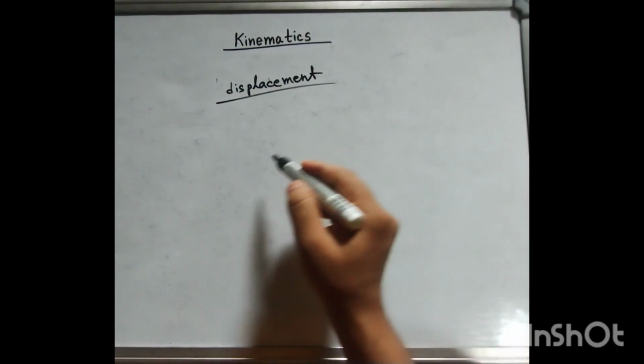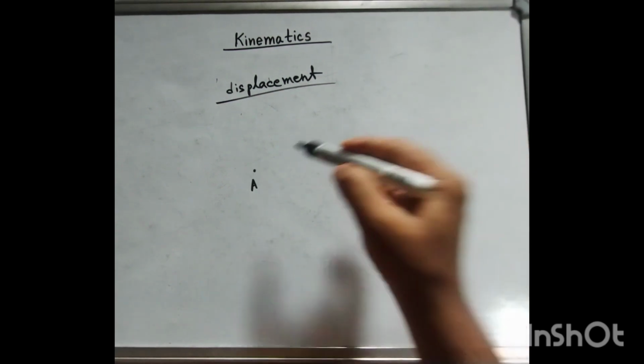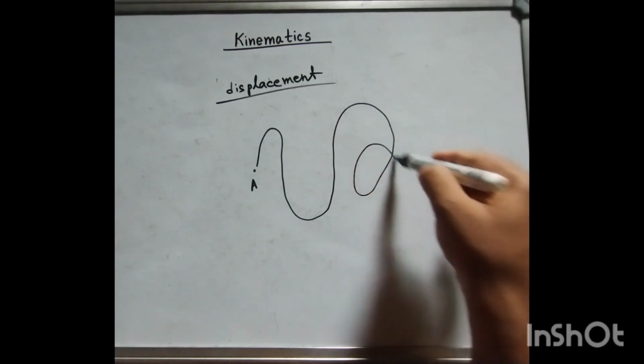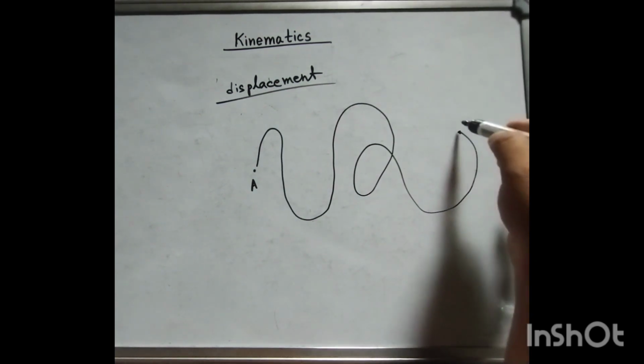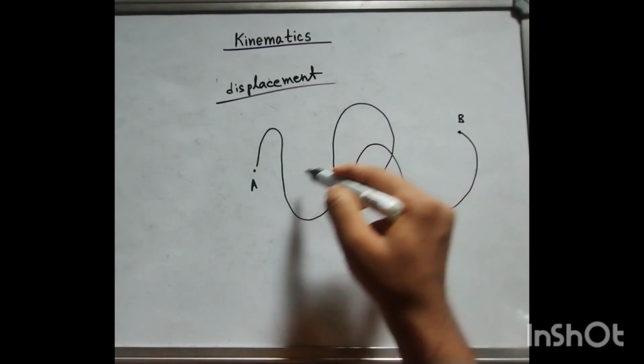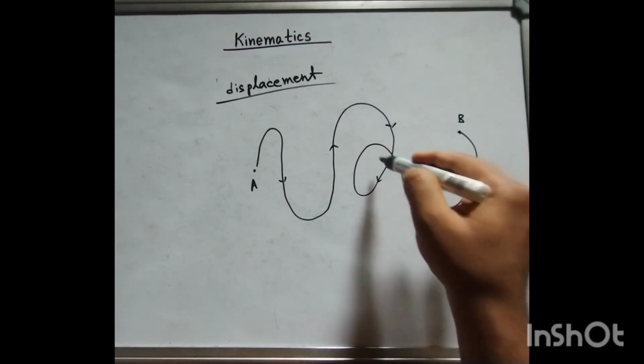What is displacement? Suppose you are here at point A and you move like this and you reach the point B. So you traveled in this way, you traveled in this path.